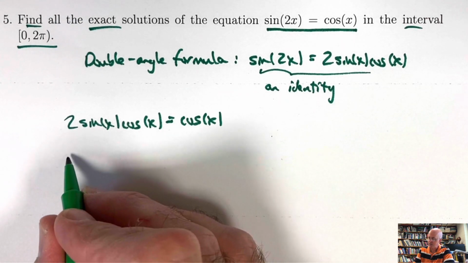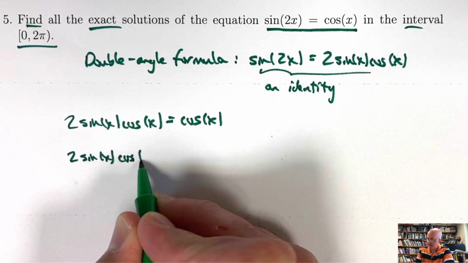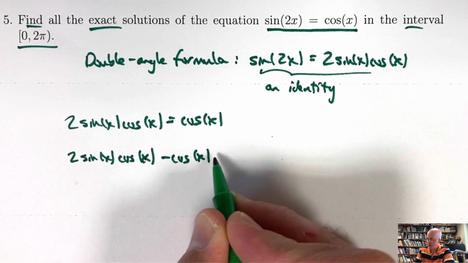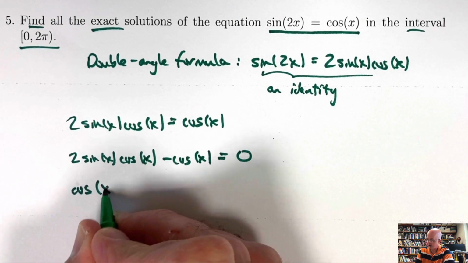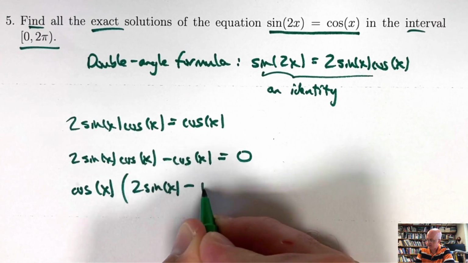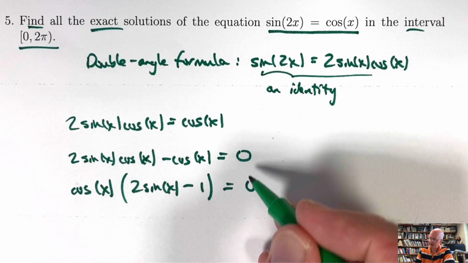But what you can do is you can subtract cosine of x from both sides, and then notice that both terms now on the left have a common factor of cosine of x, which can be then factored out, like this. So if this is true, that implies this is true, that implies this is true.